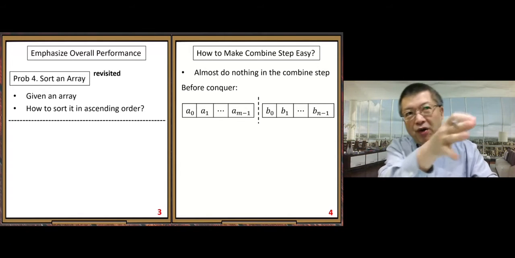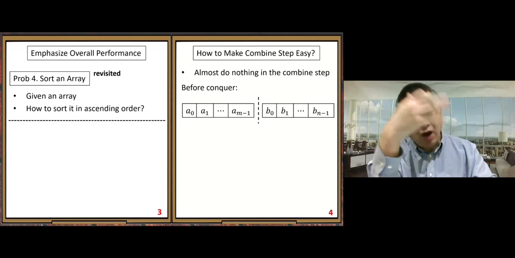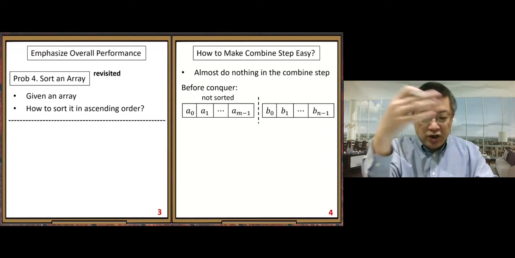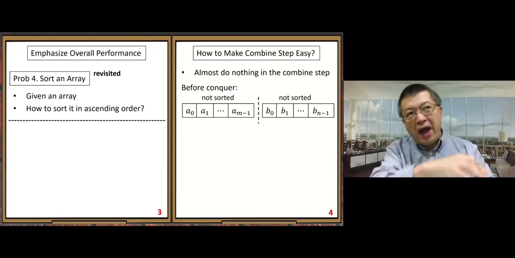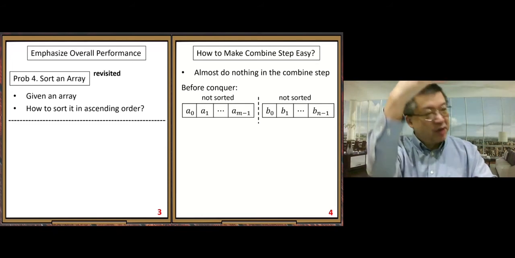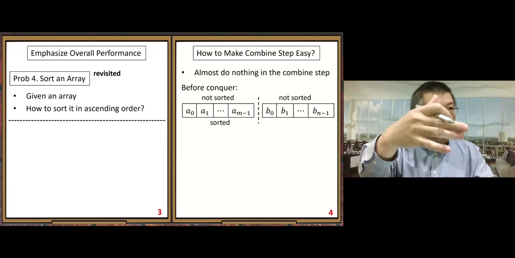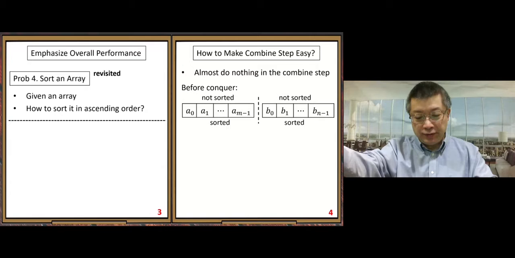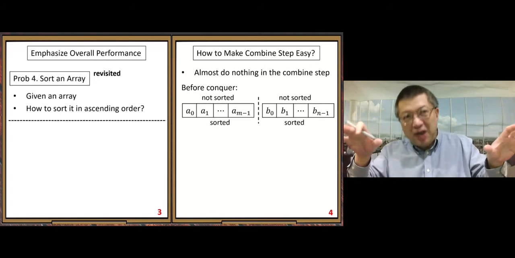Before conquer, before we call recursion, before we sort it, each one is not sorted. Then the recursion, conquer step. After that, each one is sorted.